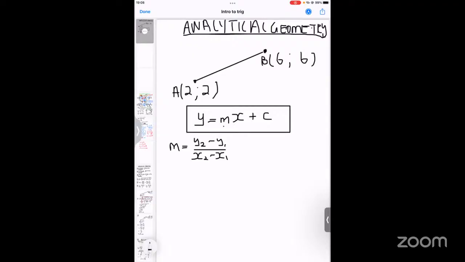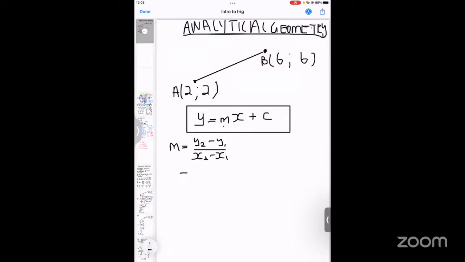Constant means just a number which is not attached to a letter, because you can see that m is attached to the letter x, but that c value is just a number, which could be positive or negative. I will show you how you find that c. But for now, let me show you how you determine your gradient for that line.